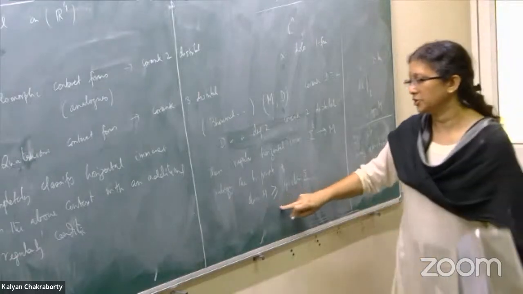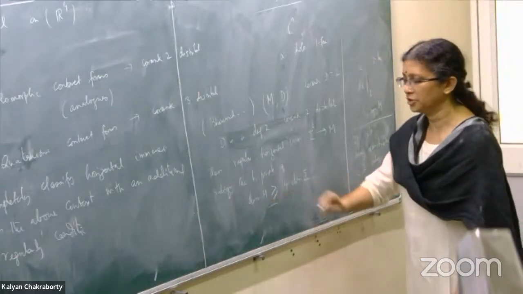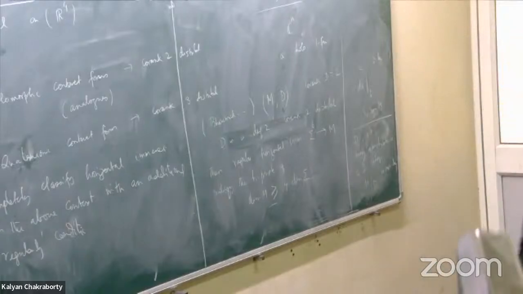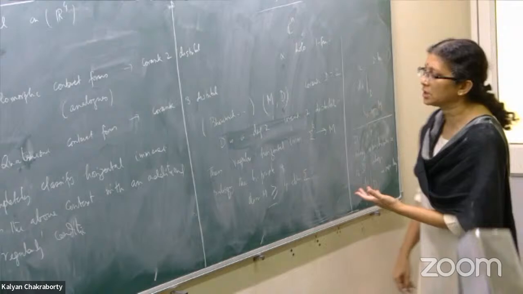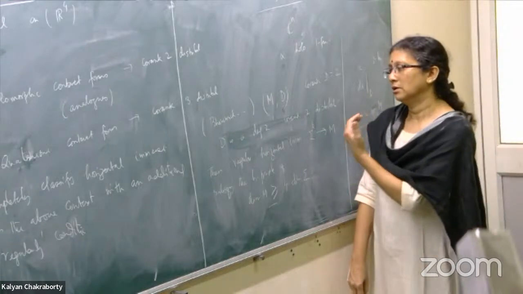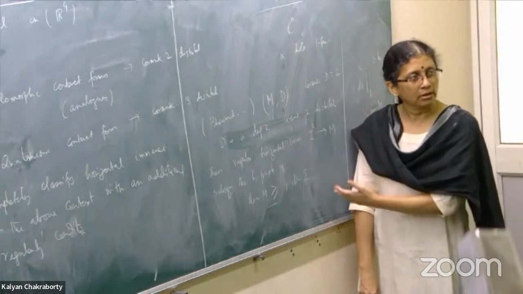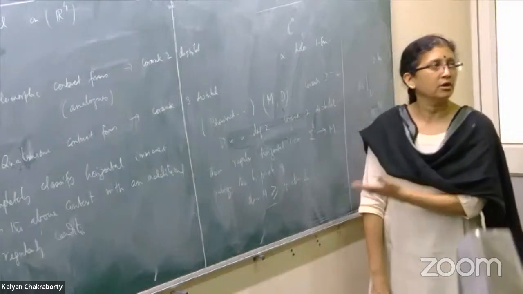And this dimension is the optimal dimension. This cannot be improved. So whenever in this context you can produce a formal horizontal immersion, you can conclude that there is a genuine horizontal immersion.